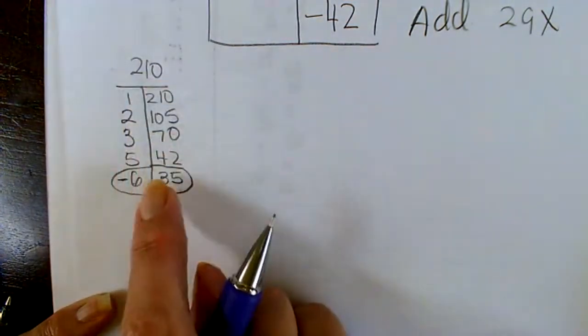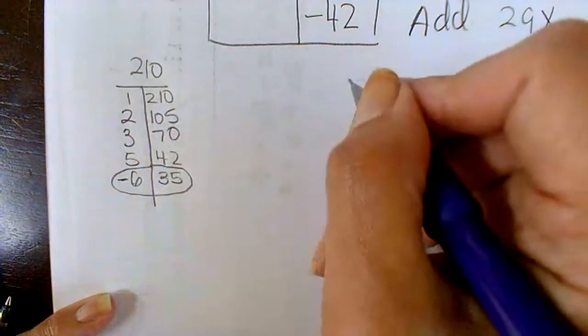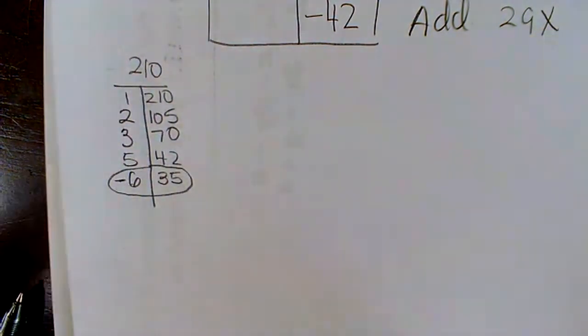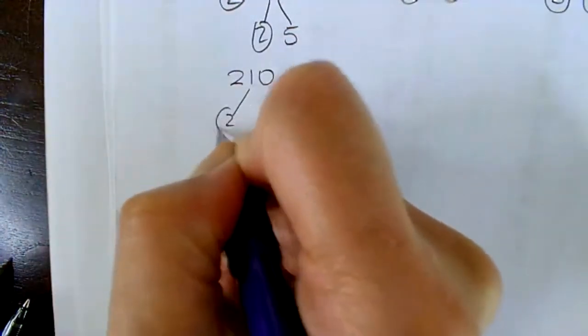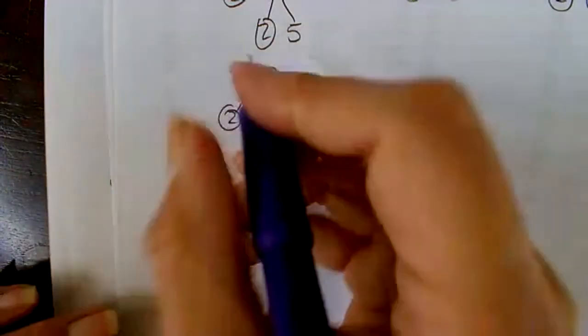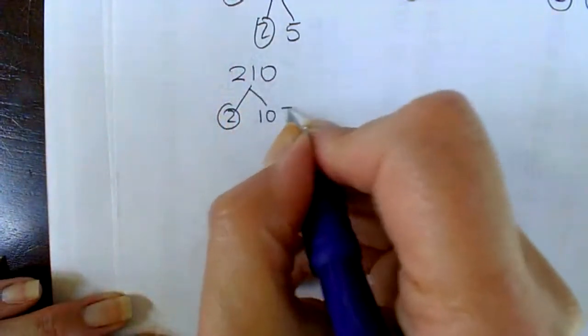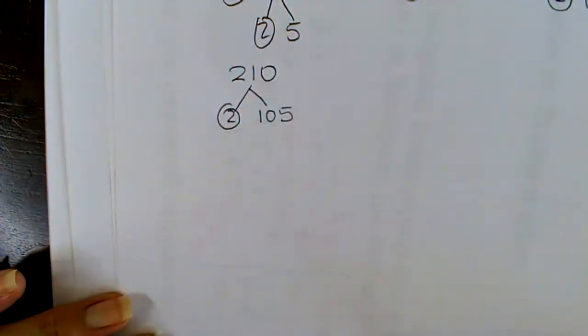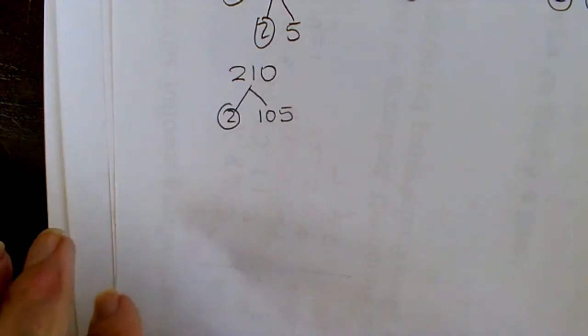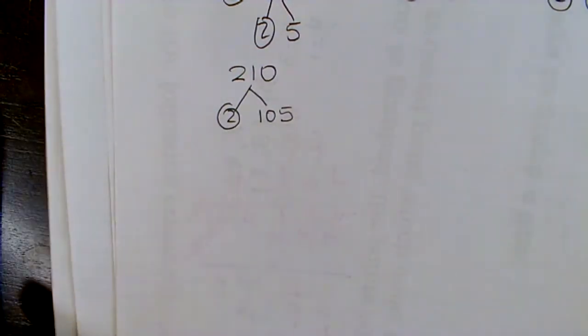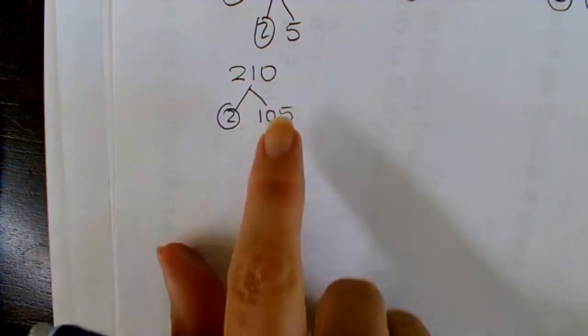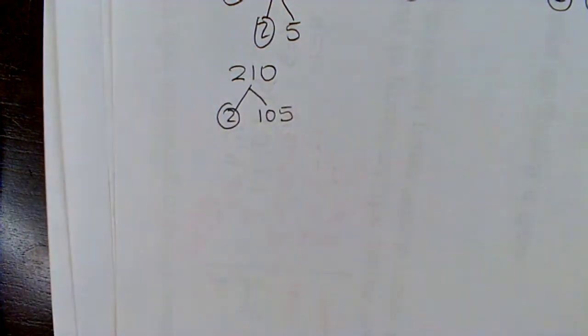Another way that we could do this is what I was doing before, the 3 method. So we go back and we do 210 divided by 2. That's 105. Now, we cannot divide by 2 again, but we could do it by 3.